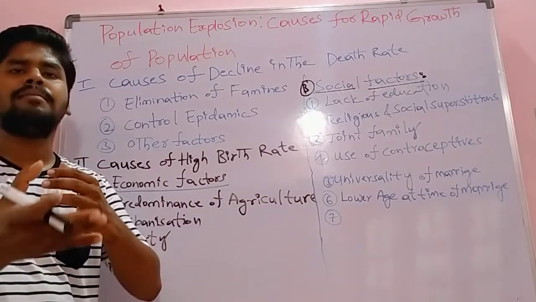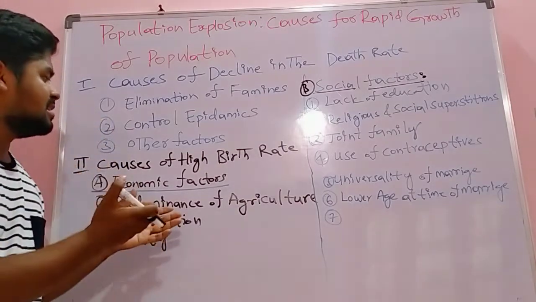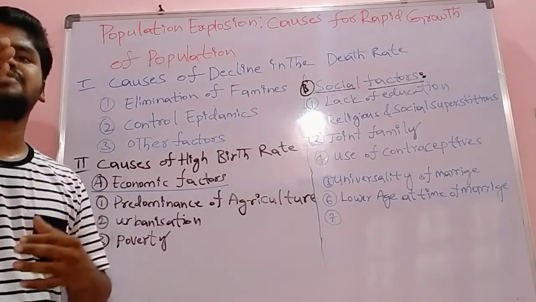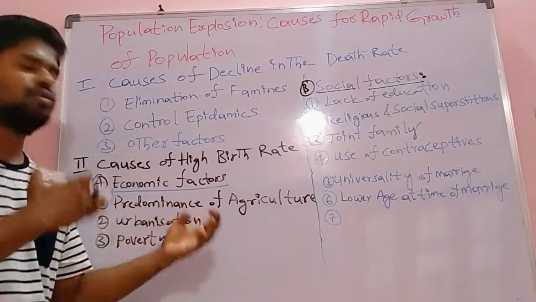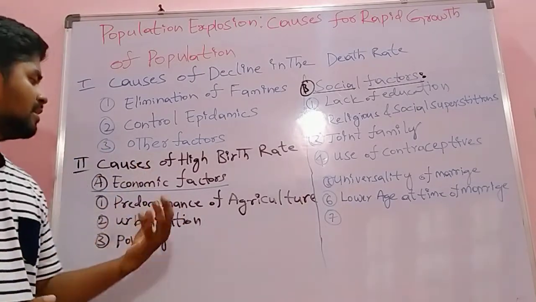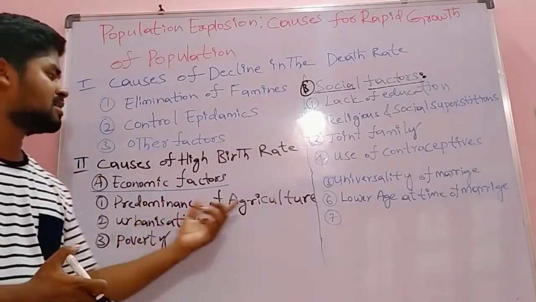So there was a need for many laborers, right? So if the birth rate increases, the population increases, their children increase, it will help their agriculture. So that kind of attitude exists in our economic system, in our agriculture system, the predominance of agriculture.